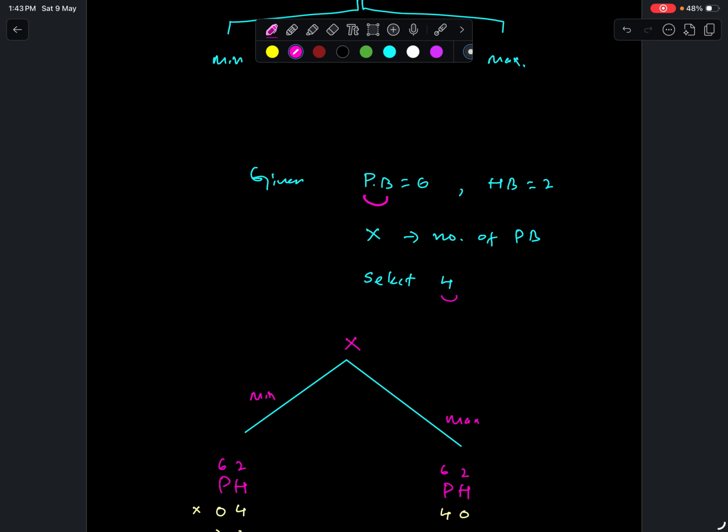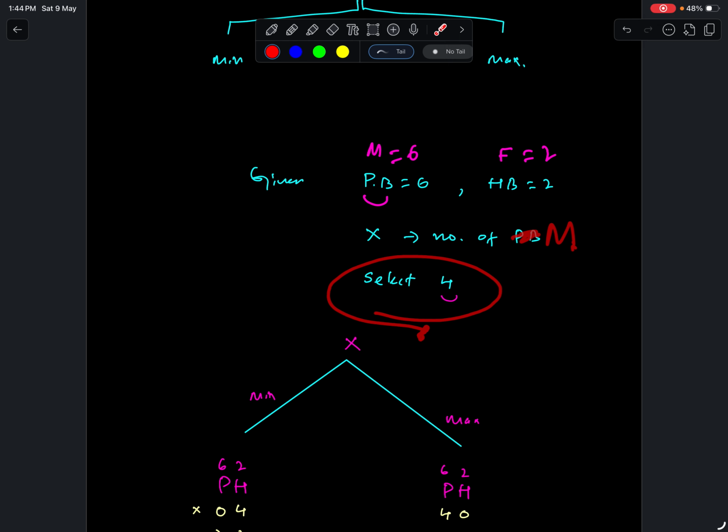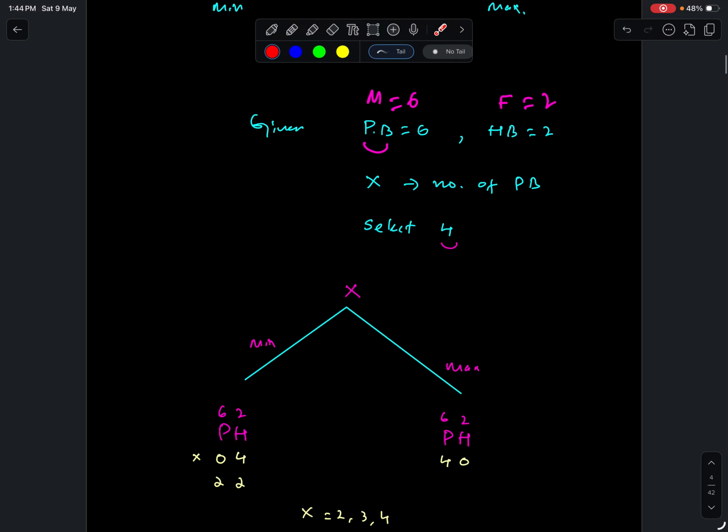Right? So there are 6 male and 2 female. Now x is number of males. X represents number of males. And we have to select 4 people. The question is draw the probability distribution for 4 people, selected out of 6 and 2.